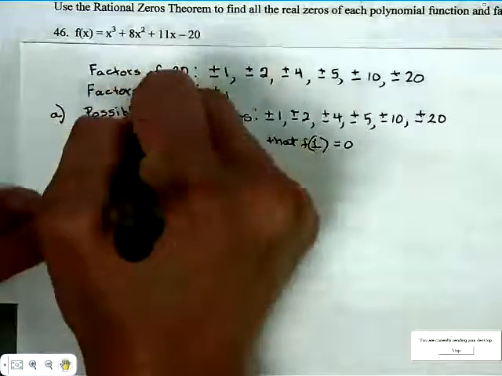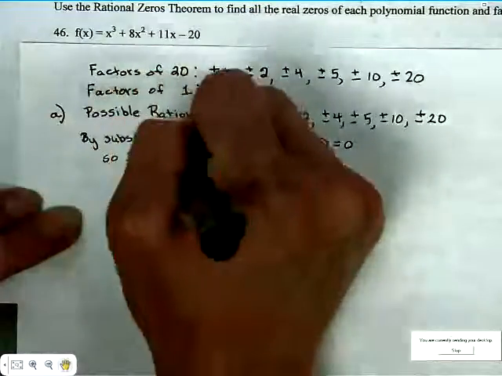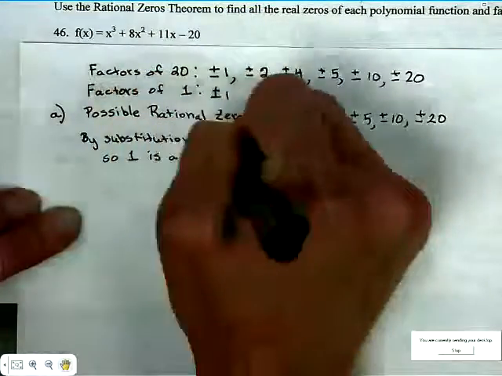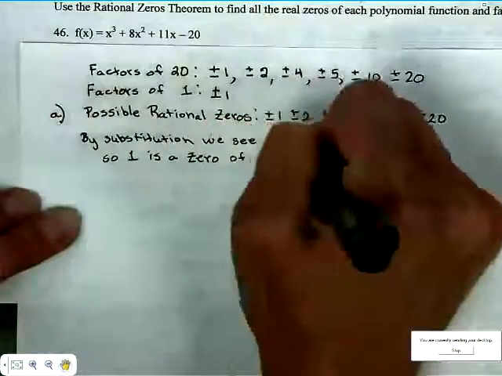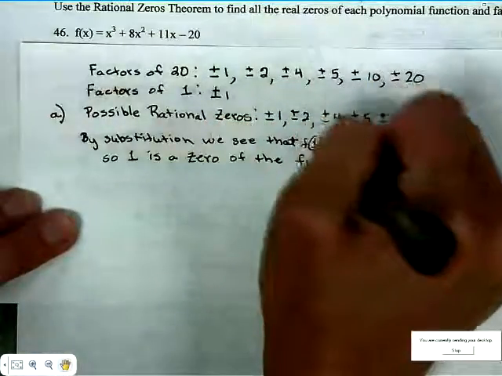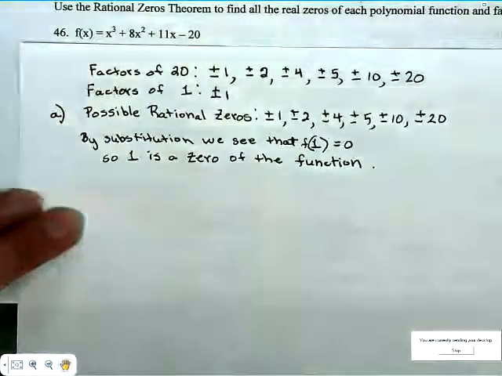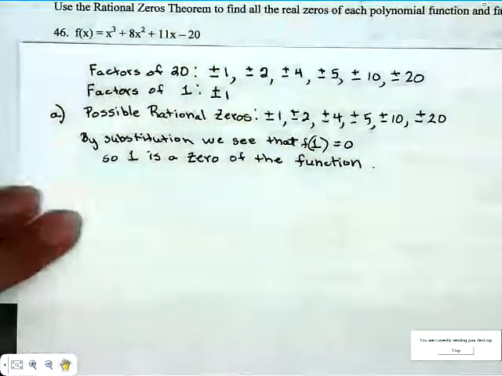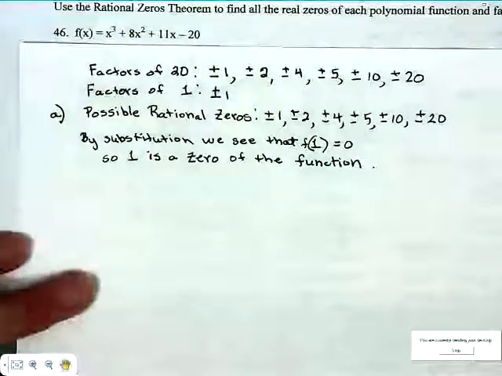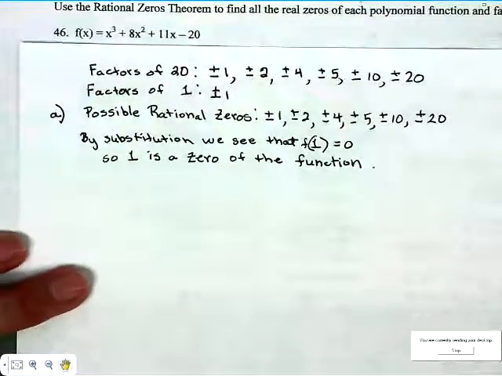So 1 is a 0 of the function. In your homework, you don't have to write that whole sentence, but you have to think that whole sentence to know what to do next.